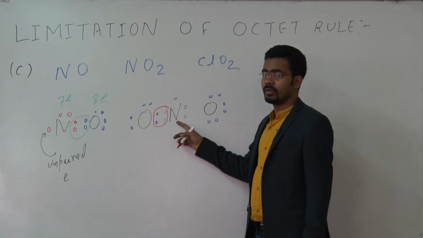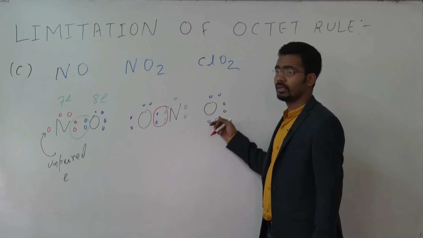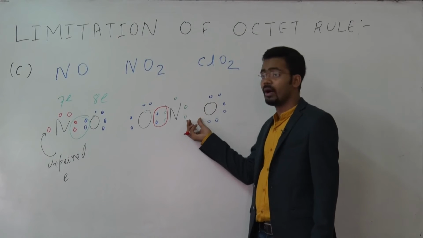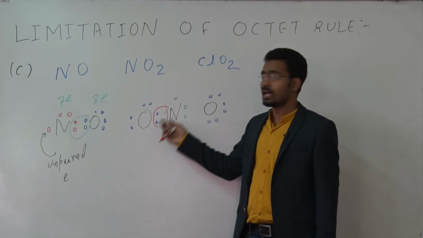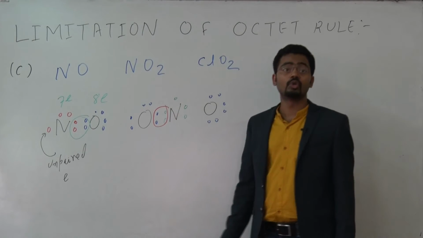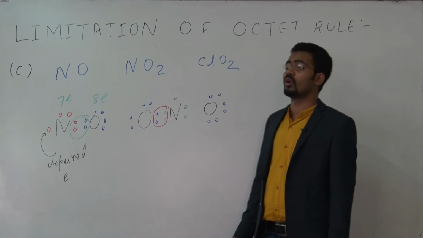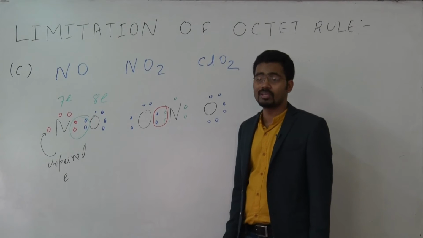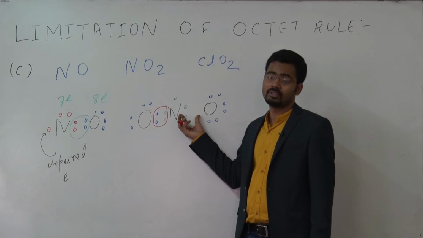If nitrogen shares these 2 electrons with oxygen, then the total number of electrons will be 4 here and 4 here, it becomes 8, and 1 here, 9. So not possible, because there is no space for 9 electrons in nitrogen. It means there is no sharing of 4 electrons between nitrogen and this oxygen.